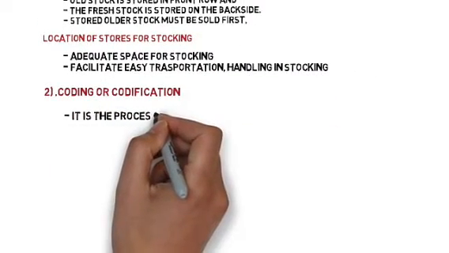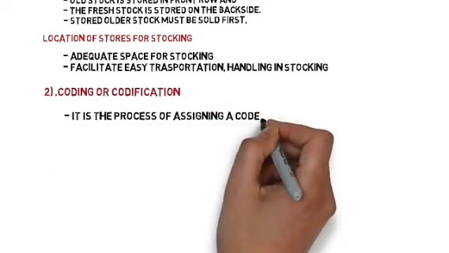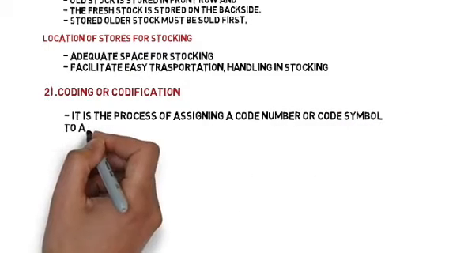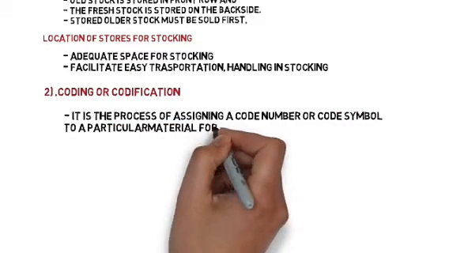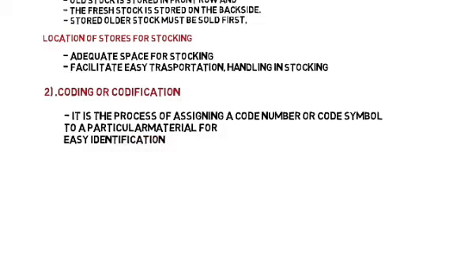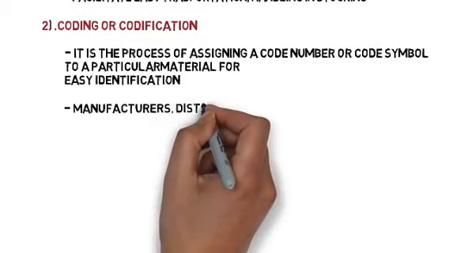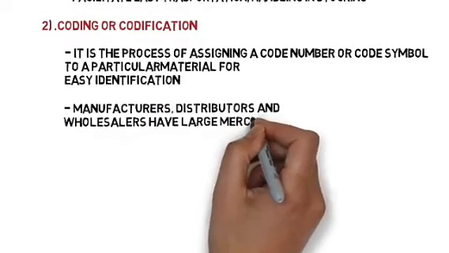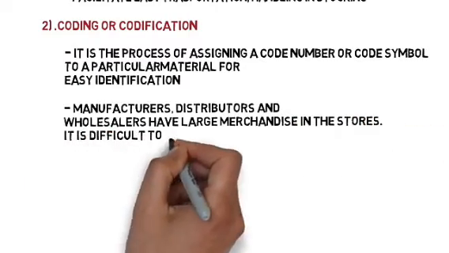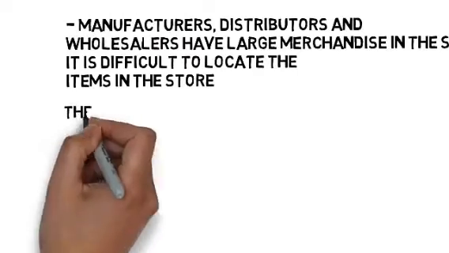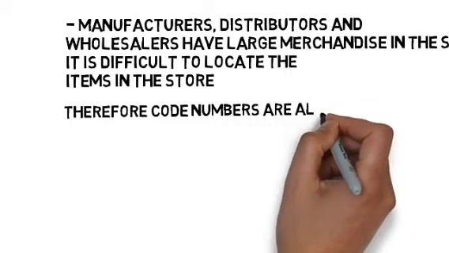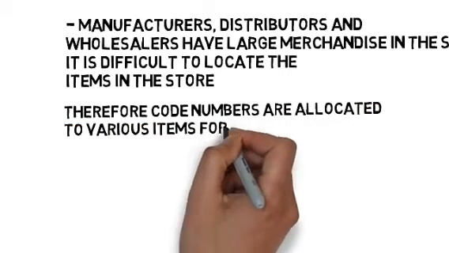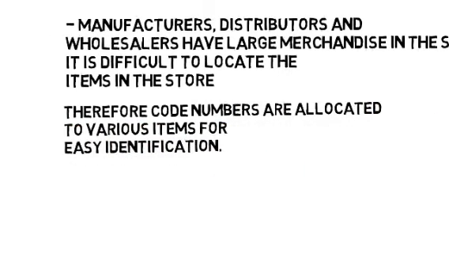It is the process of assigning a code number or code symbol to a particular material for easy identification. Manufacturers, distributors, and wholesalers have large merchandise in the stores. It is difficult to locate the items in the store. Therefore, code numbers are allotted for various items for easy identification.